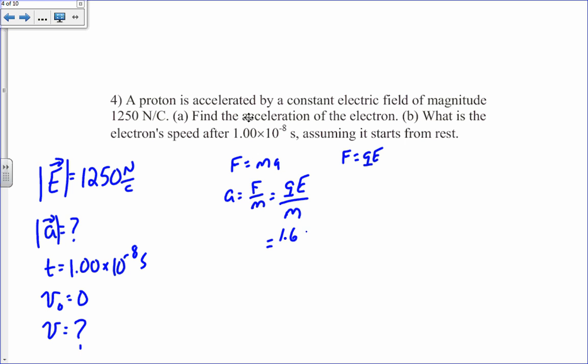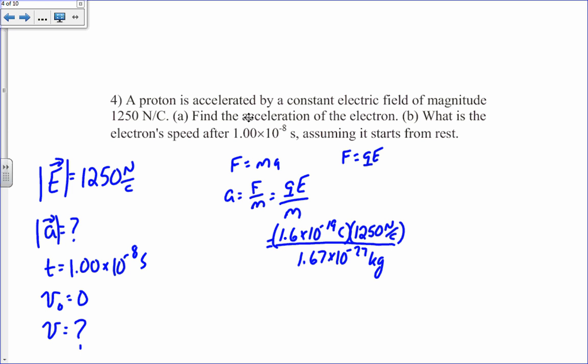A proton is 1.6 times 10 to the minus 19 coulombs, and the electric field is 1250 newtons per coulomb, divided by the mass. The mass of a proton is 1.67 times 10 to the minus 27 kilograms.